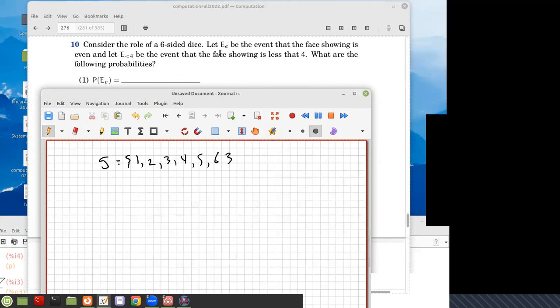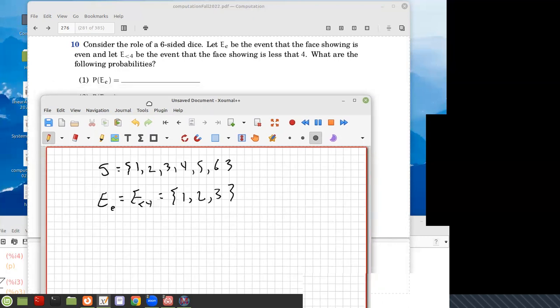And let the event E be the event that the face is less than 4, which is going to be 1, 2, and 3.